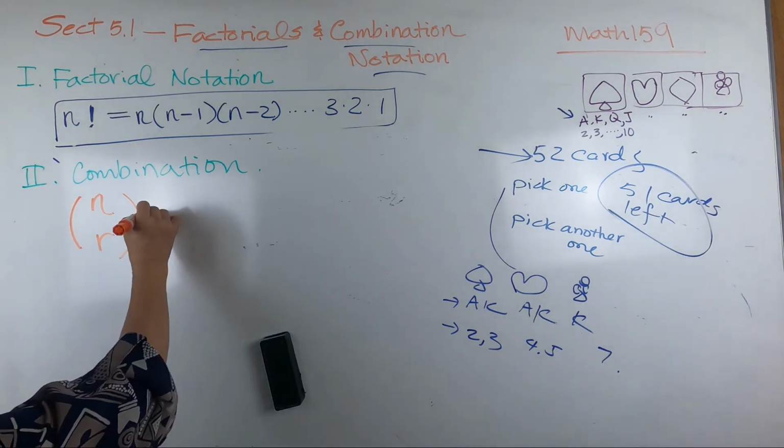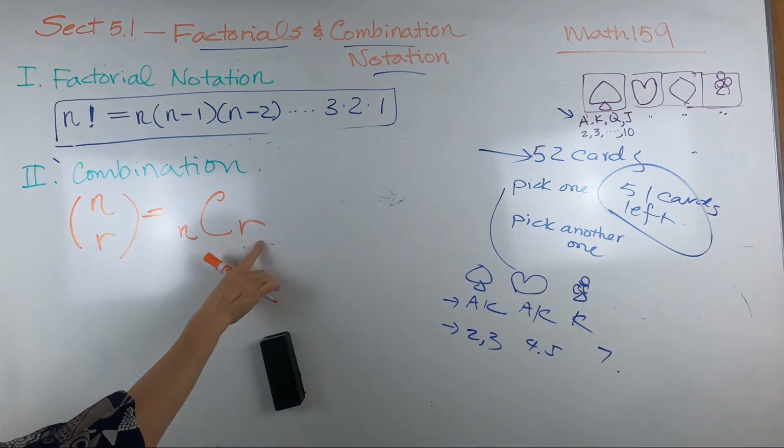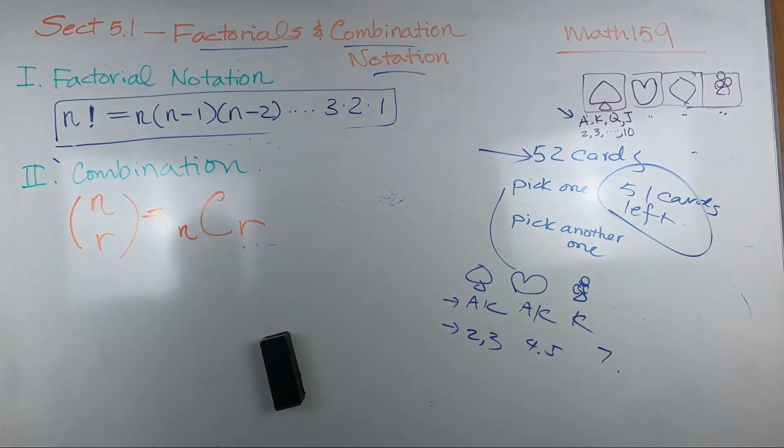In the calculator, you might see this, combination nCr. Then what is N? What is R? Okay, so N is, let me write in this color.